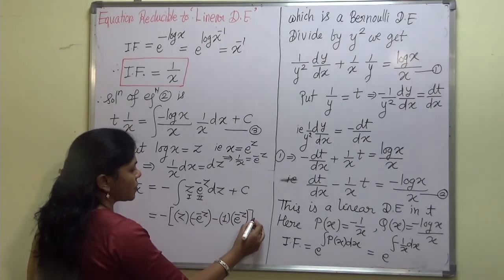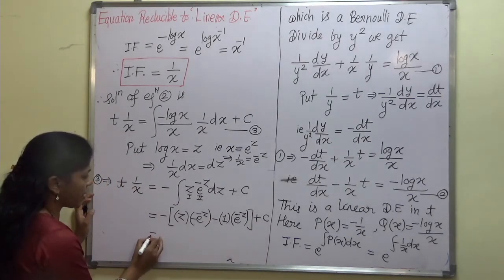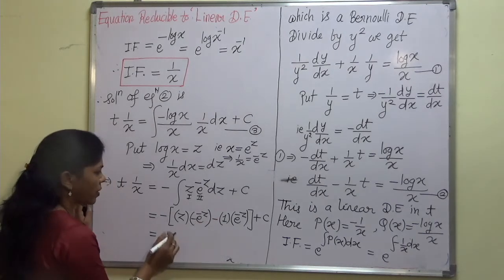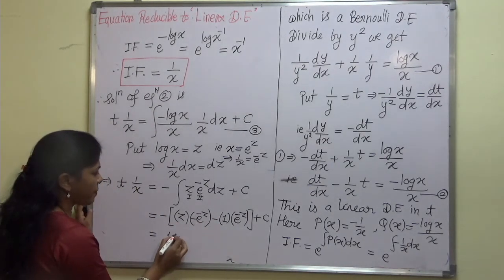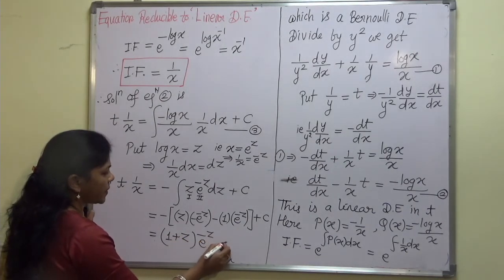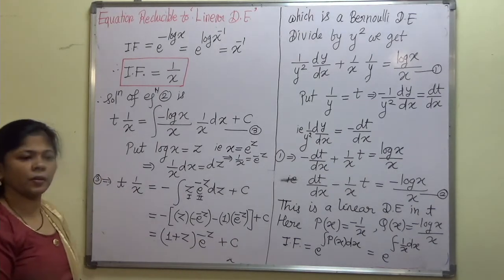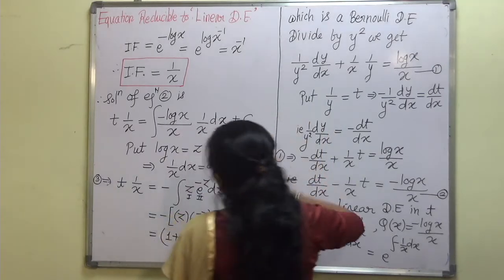So integration is over, plus c. Okay, so I'll rewrite it as 1 minus minus plus, so it is 1 plus z into e power minus z plus c. Now replace the value of z once the integration is done.